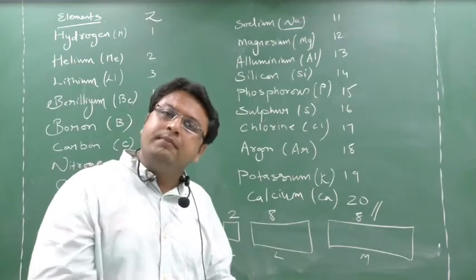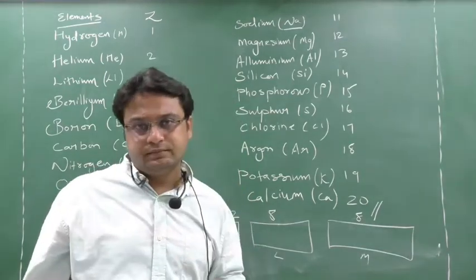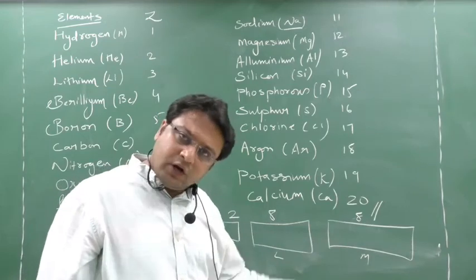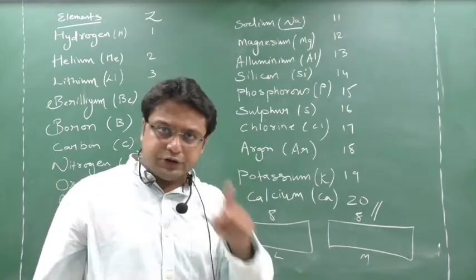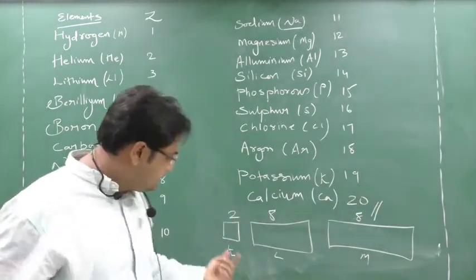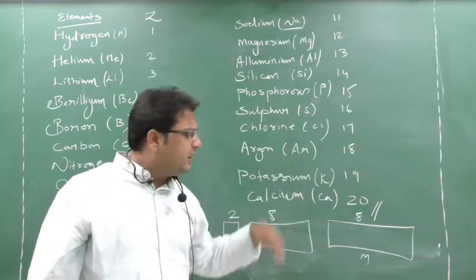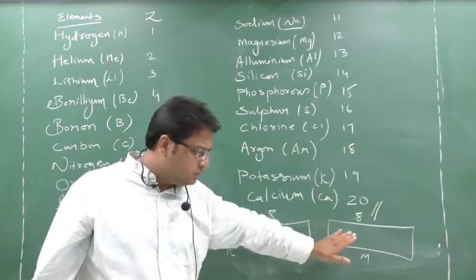In the other rooms, the maximum is 8. Clear? Then another also 8, then another also 8. First room, only 2 persons. Second room, 8, then 8, then 8, then 8. Then 18 will also come. I will tell you. Clear?